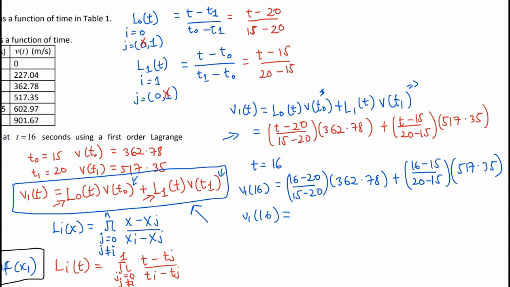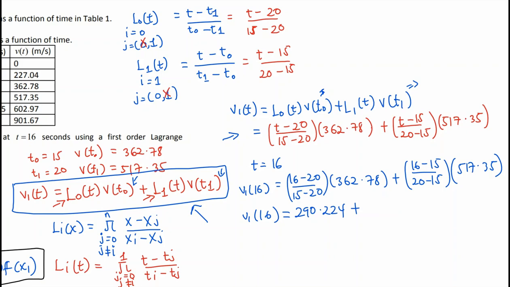So you're going to have 16 minus 20 divided by 15 minus 20, multiplying 362.78. So you're going to have 290.224 here. Let's see what you're going to get on the other side. You have 16 minus 15 divided by 20 minus 15, multiplying 517.35.